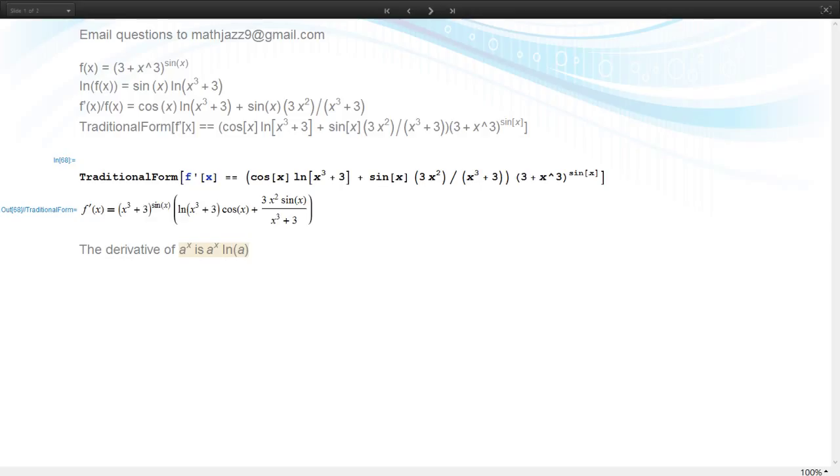And it happens that when you let a equal e, the number that's slightly less than 3 and is the base of the natural log, you get the derivative of e to the x is equal to e raised to the x ln of e, but ln of e is 1, so you're left with just e to the x. Does that help?